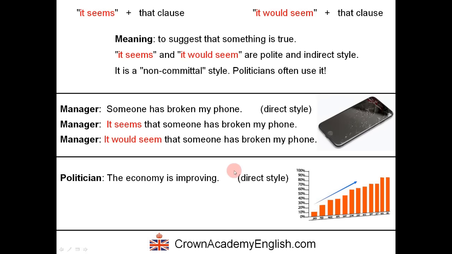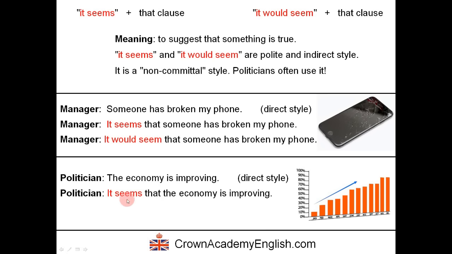Okay, you understand? So often a politician will say this: it seems that the economy is improving. So later, if the economy does in fact improve, then he is correct and he's happy. But if the economy does not improve, then he is not wrong, because he only said it seems that the economy is improving.